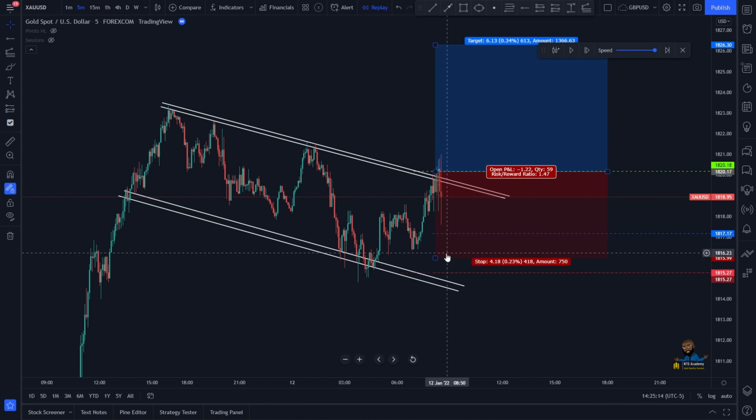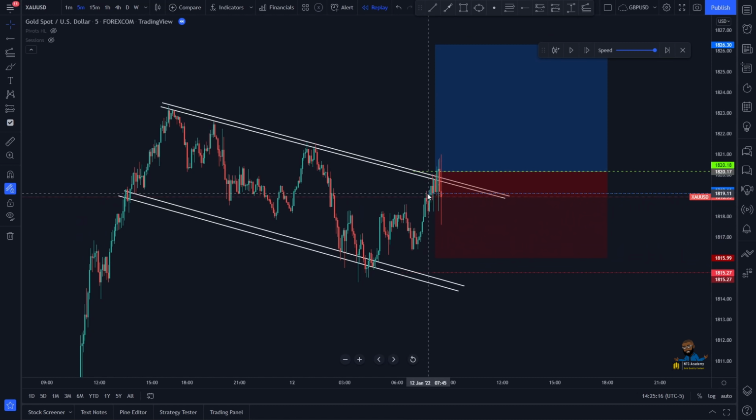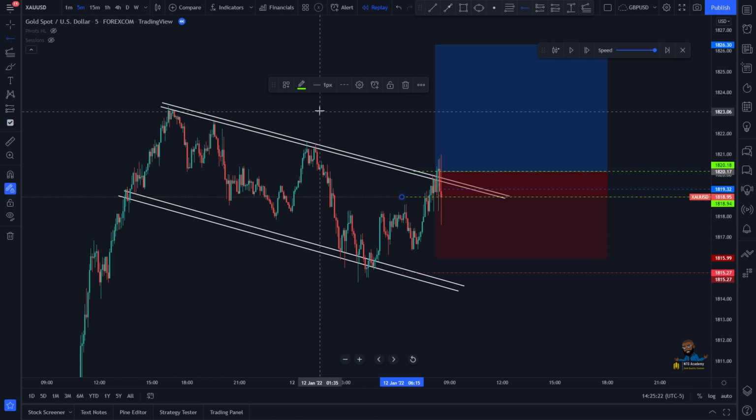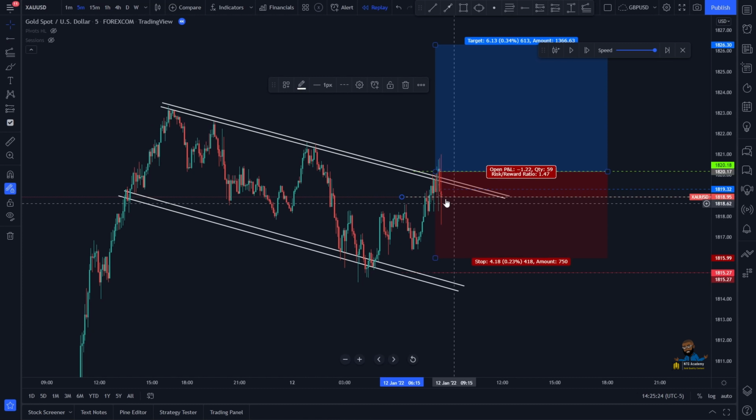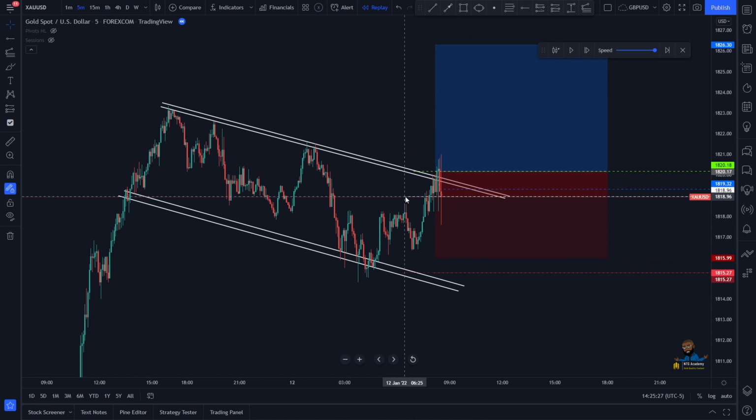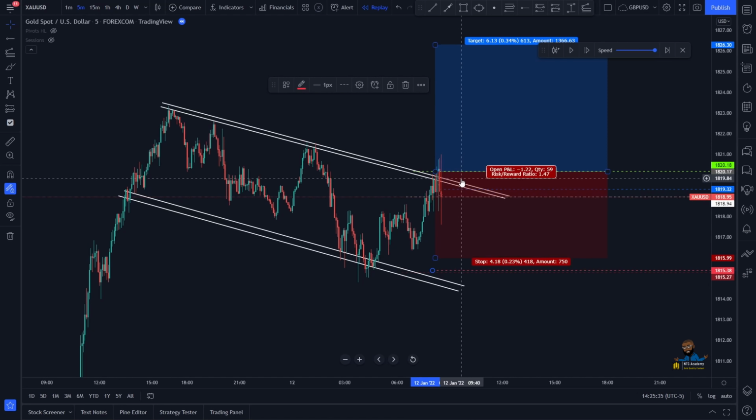Even though the spread is here, and the market, let's draw this out, the market is here, it doesn't matter where the candle currently is. If the market is here but the spread is here, this can still stop you out, guys. So just keep in mind that the spread widens, and it can definitely stop you out.